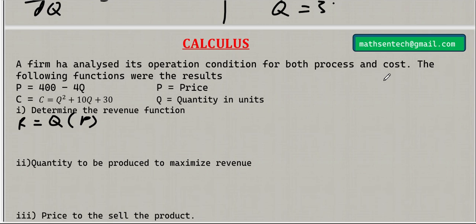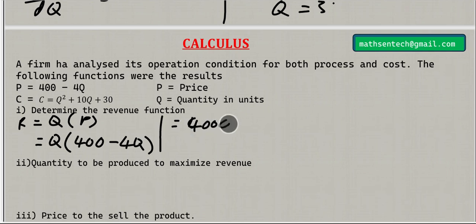So you'll have Q multiplied by P, and our price is given by 400 minus 4Q. So this now will be equal to 400Q minus 4Q squared. So that will become your revenue function.